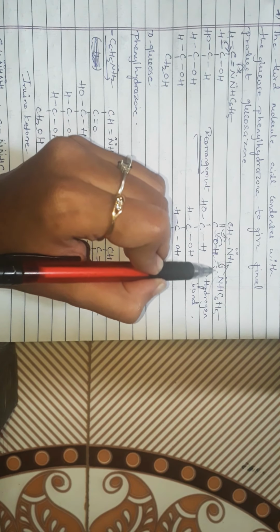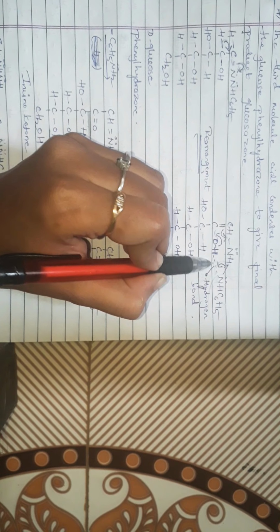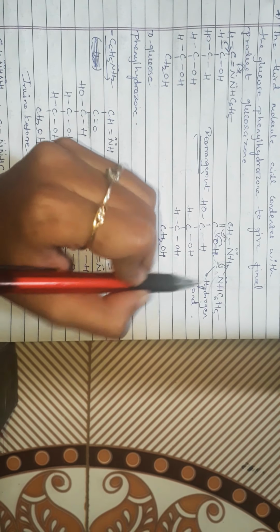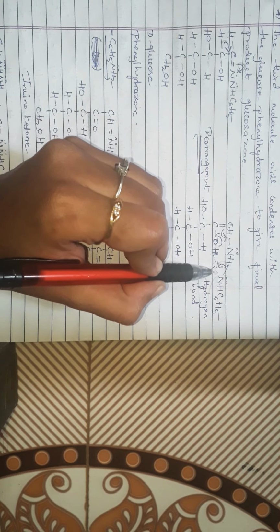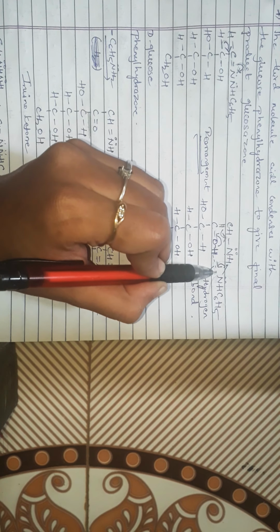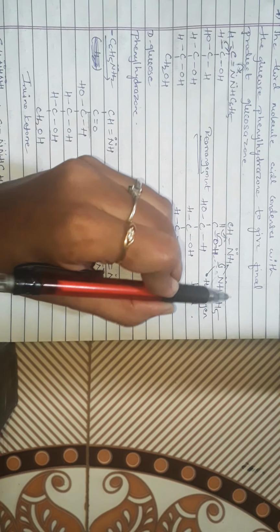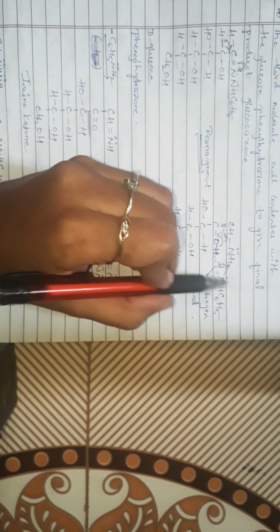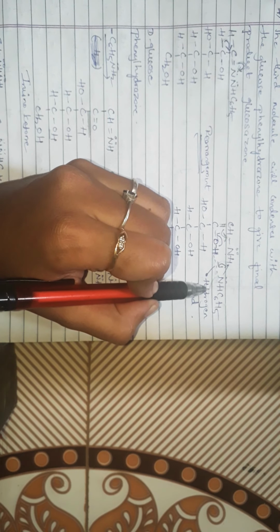When it is shifted here, the dotted line I have shown represents hydrogen bonding. With the formation of hydrogen bonding and elimination of this part, that is nothing but aniline.